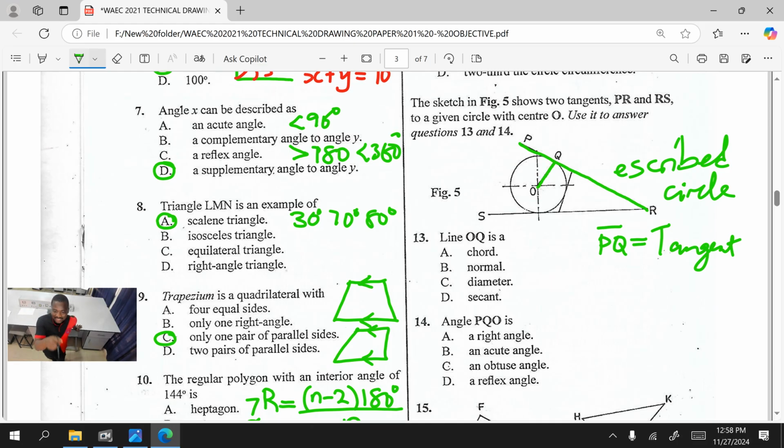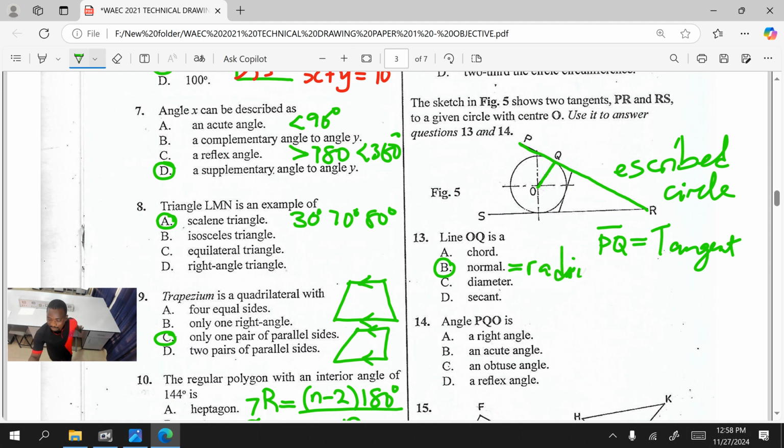So they are now asking us, this line that is drawn from the center of the circle to that tangent, what is it? The answer is what? Is a normal. That line drawn from the center to the tangent is called a normal. That normal is also equal to the radius of the circle.